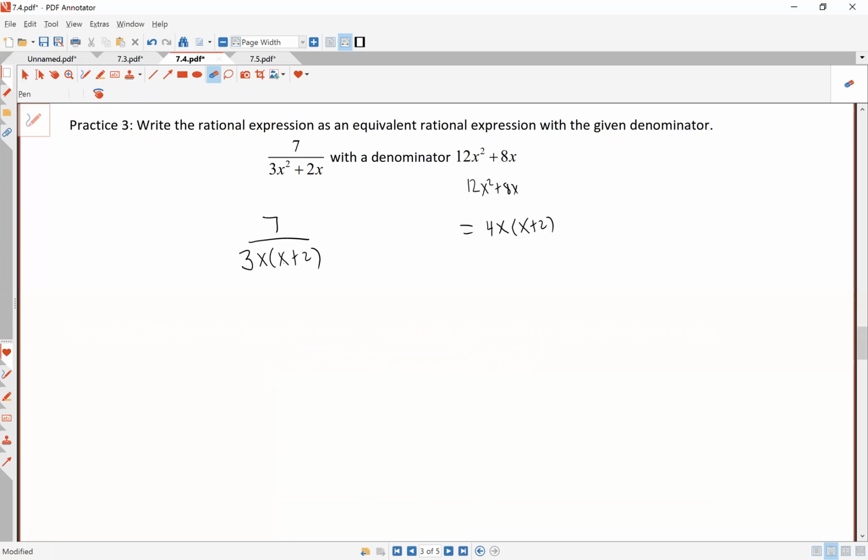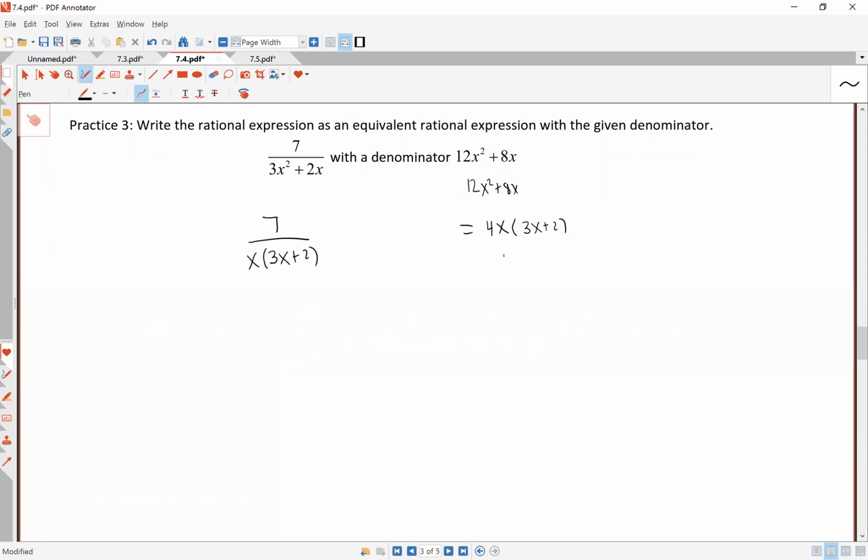Boy, I'm really messing this up here. So we really have an x and a 3x plus 2. And over here, we take out a 4, and we're left with 3x plus 2.